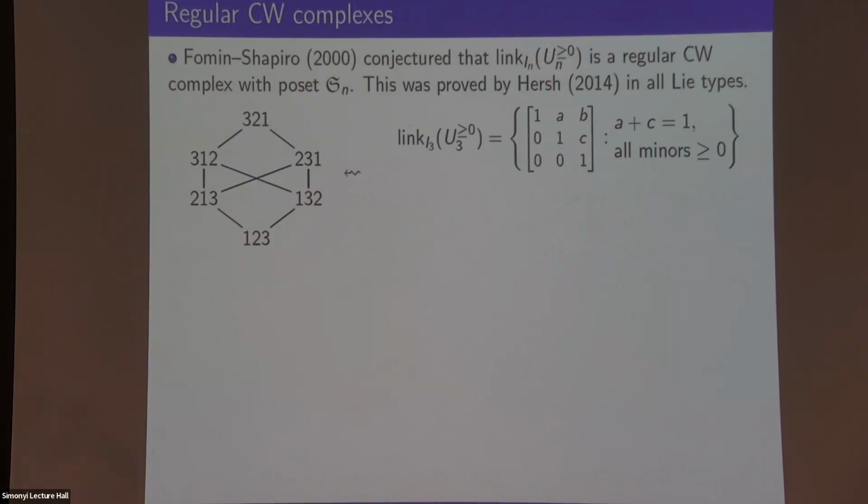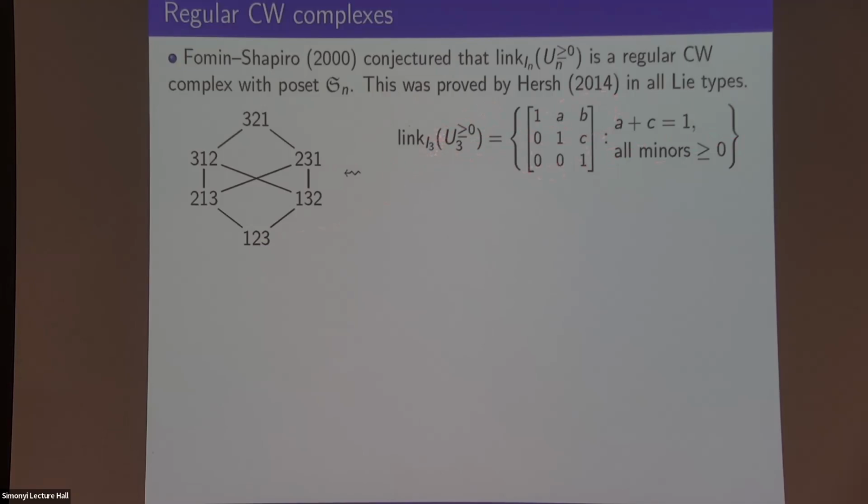So this was something they conjectured actually for any Weyl group, and it was proved by Hersh. So I'll just show what it is in this example. Here I'm looking at this space we saw before, but now I'm looking at the totally non-negative part. So all minors are greater than or equal to 0. And this space is closed, but it's not compact.